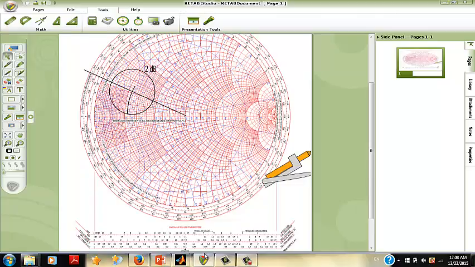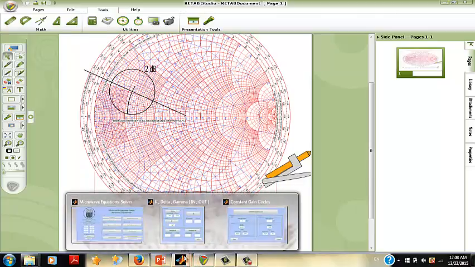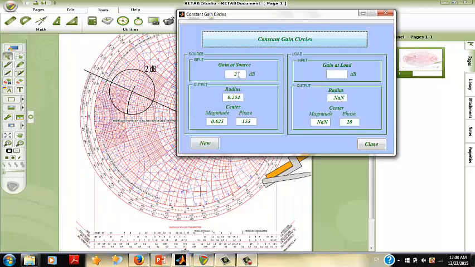We do the same for 1 dB. From the calculator, we insert 1 dB and find the radius and the magnitude. The magnitude is 0.546.